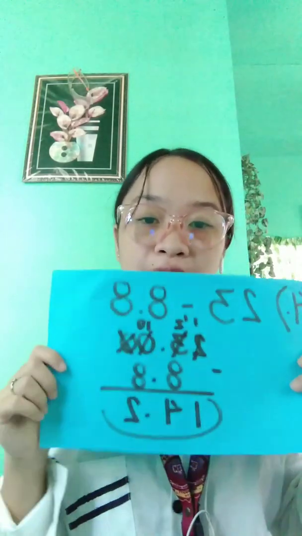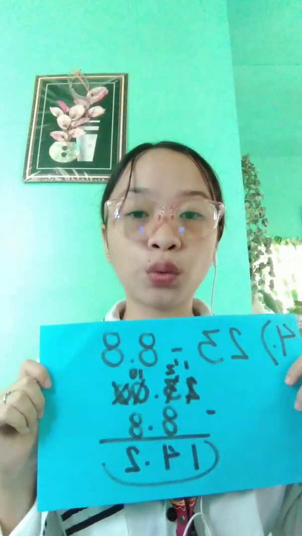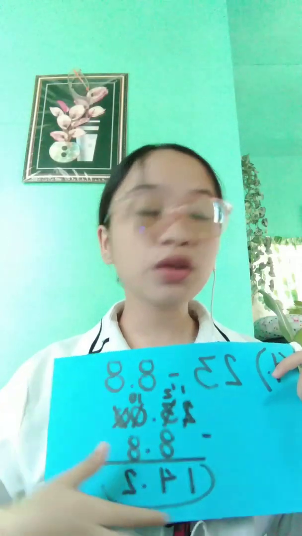So, kaning 2 mahimong 12. So, 12 minus 8 equals 4. Of course, 4. And, butang na nato ang 1. So, if you are going to subtract 8 and 8 tenths from 23, the result will be 14 and 2 tenths. Okay? Am I understood?